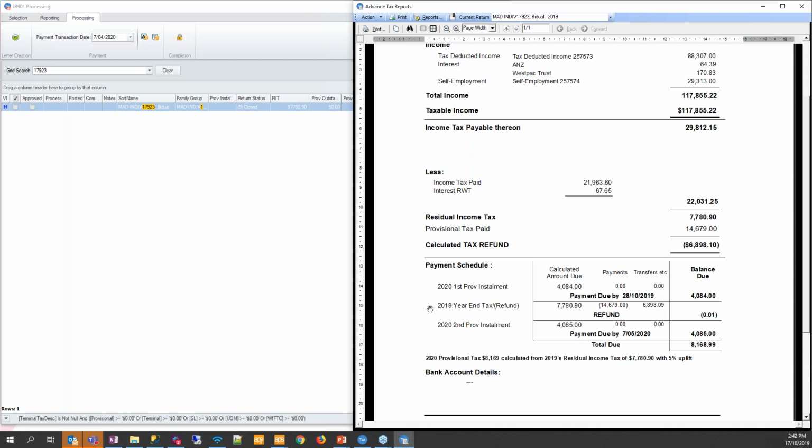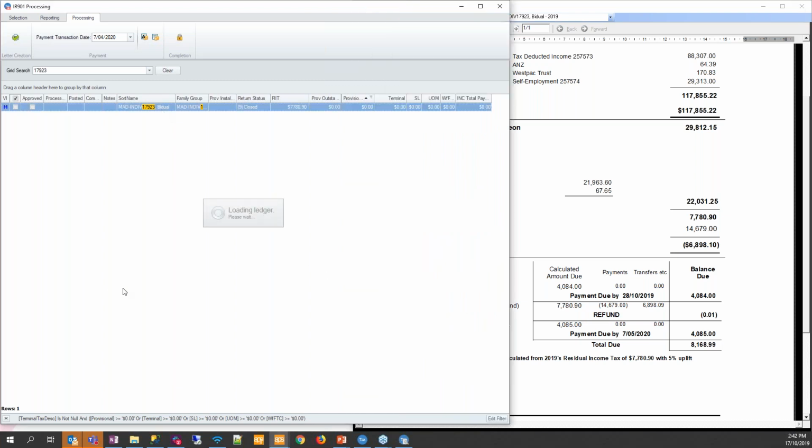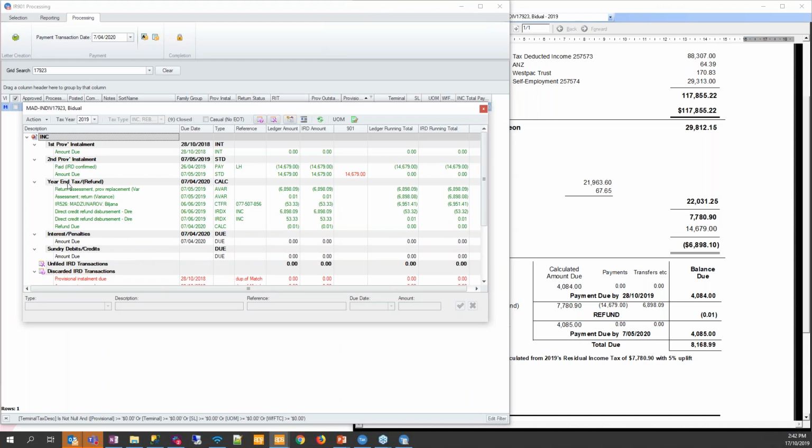And those eagle-eyed people watching this would have seen in the ledger that that's been changed as well. We're looking at changing that, rather than having terminal tax, to year end. That's right. So what we're seeing here and in the ledger is pulling from the same information. There's a description in the database that describes that particular value.